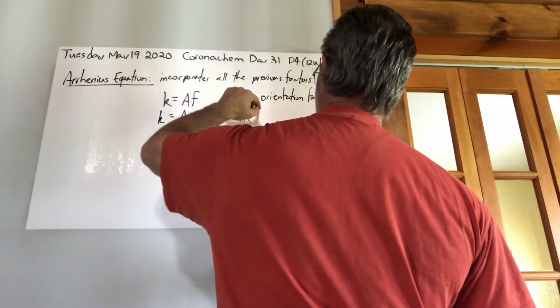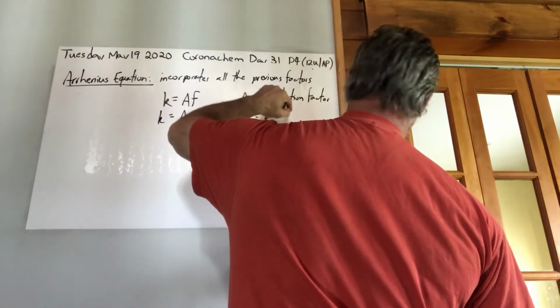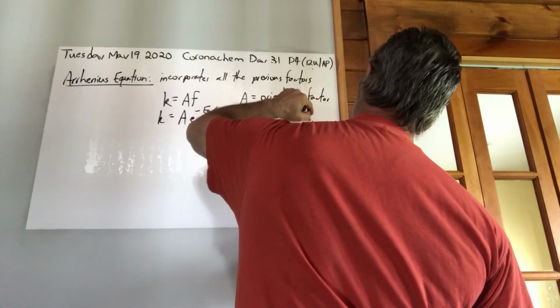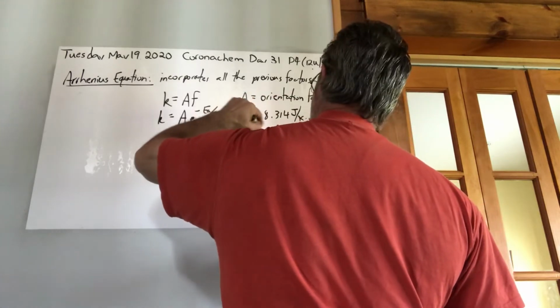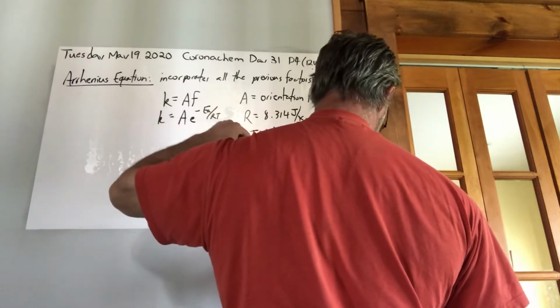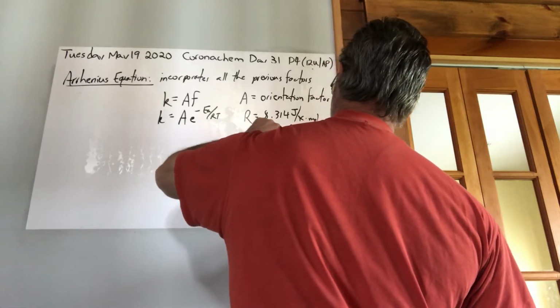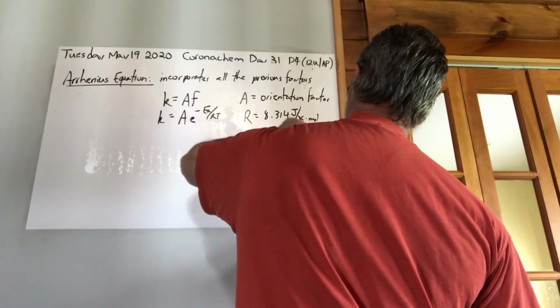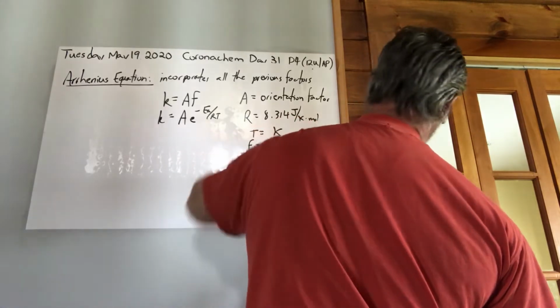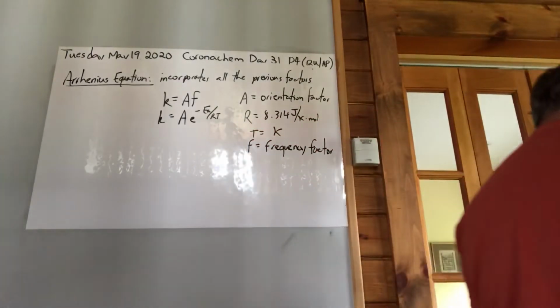And again, R is equal to 8.314 joules per Kelvin mole. T is temperature in Kelvin, and A is the frequency factor, or a measure of how many collisions you're getting at a given temperature.